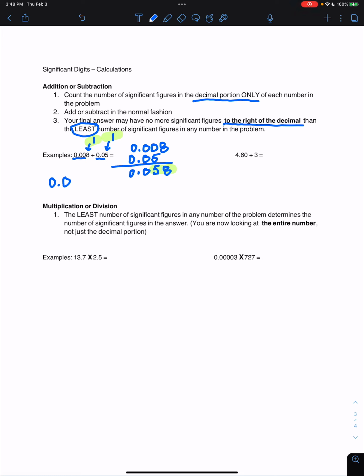In this case, because we have an 8 next to the 5, we're going to round up. So our final answer is 0.06, and that has one significant figure in it.